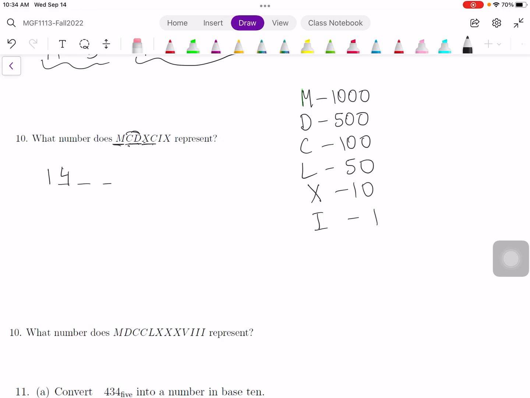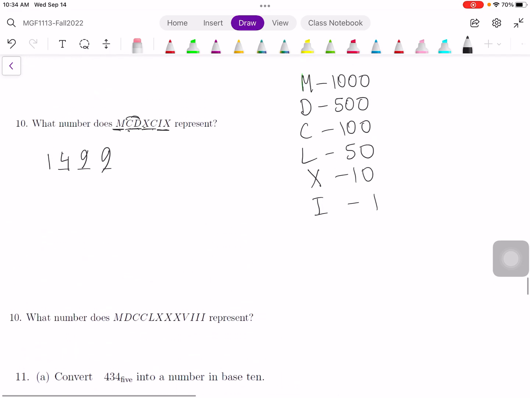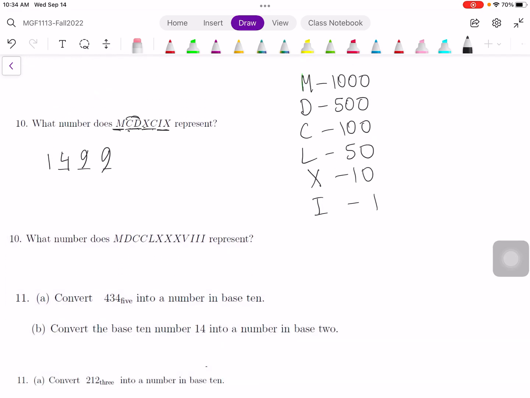So if the smaller is before the bigger, then that means the subtraction. So that's 10 less than 100, so that's 90. And same here, since X is 10, but before it we have smaller 1, that means 9. So that's 1,499.